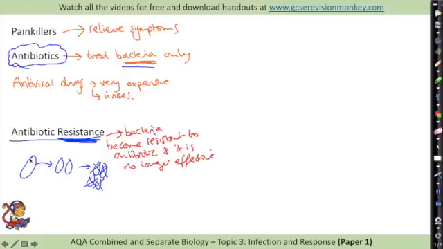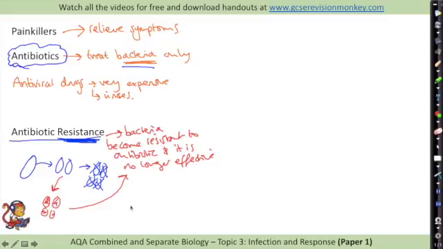So as this bacteria multiplies, you may get a mutation which causes randomly these bacteria here to be resistant to antibiotics. And that would mean that random mutation would cause a resistant population that could not be treated by antibiotics.